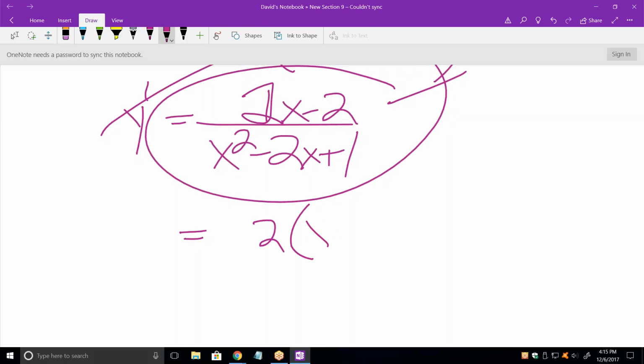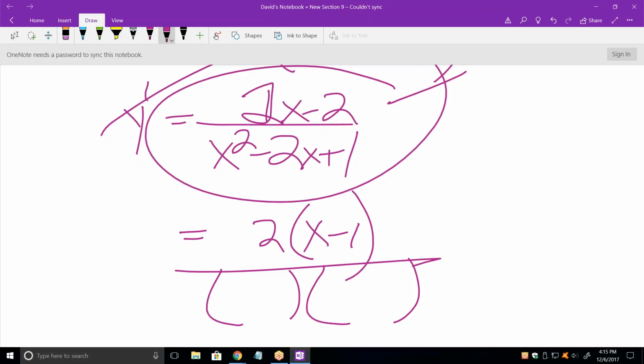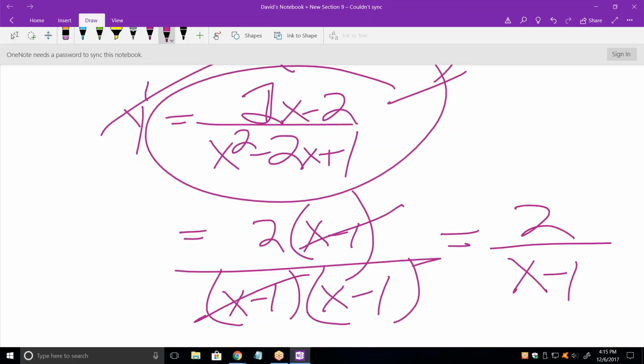Factor the denominator: x minus 1. Oh, okay, that's x minus 1 and x minus 1. So that cancels with that, and I end up with just 2 over x minus 1. Well, that's a whole lot simpler than that.